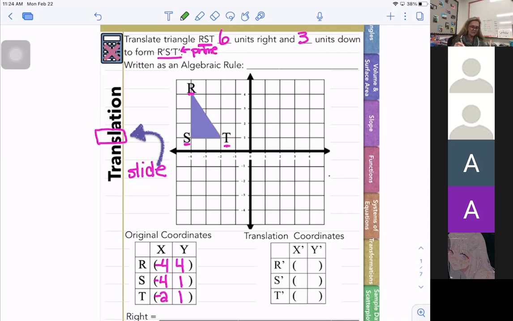You may be able to in Keynote, but I'm going to take each point and move it, and then I'll have my new shape. I'm going to take my R, move it 6 units to the right, and then move it down 3. And my new R, or my R prime, is right there.